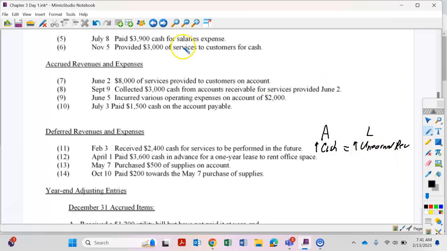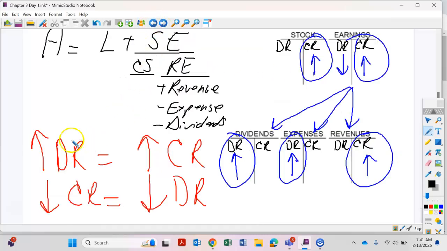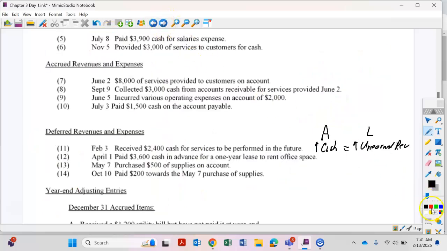Liabilities, unearned revenue will go up. Assets go up with debits. Liabilities go up with credits. And assign your debit and credit. You're going to debit cash and you're going to credit unearned revenue. Now go take this to your journal and record debit cash, credit unearned revenue.